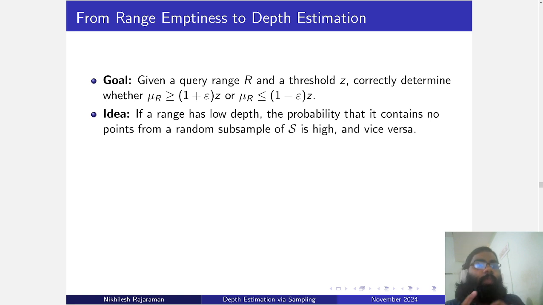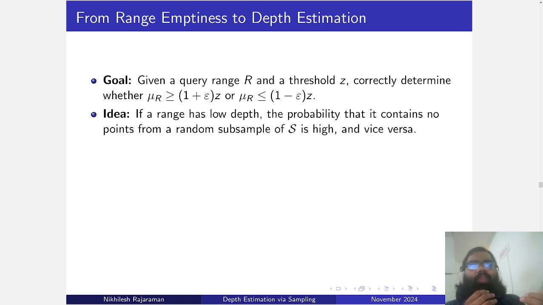But on the flip side, suppose the depth of the range is high. Then for the range to be empty in our random sample universe, we would have to pick none of the objects that intersect with the range. Because its depth is large, since there are a lot of elements that intersect with it, it's quite unlikely that we're going to pick none of them.